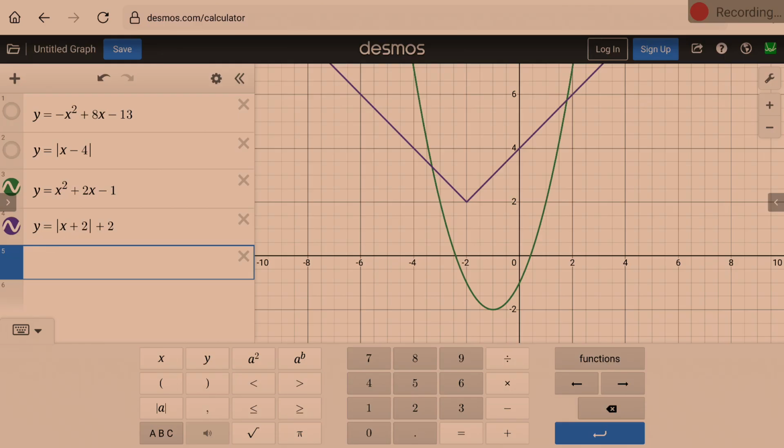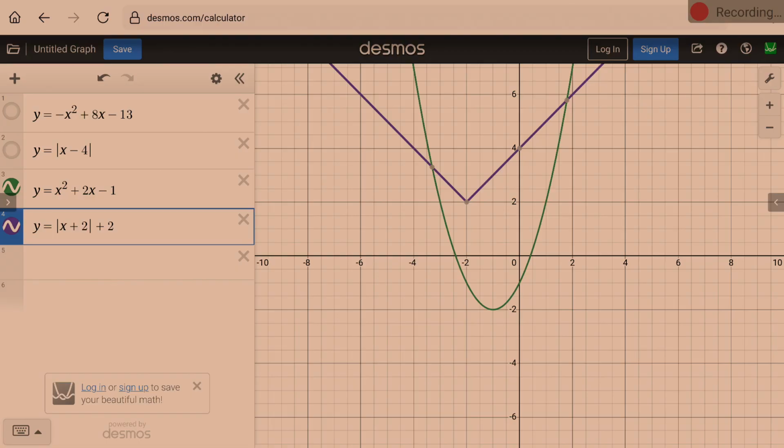And if I've done mine correctly, you should have a graph that looks like that. What are these points? Have you gotten them? That agrees with my answer key. I have a negative 3.3 and a 1.8, because again, we only want the x values, right?